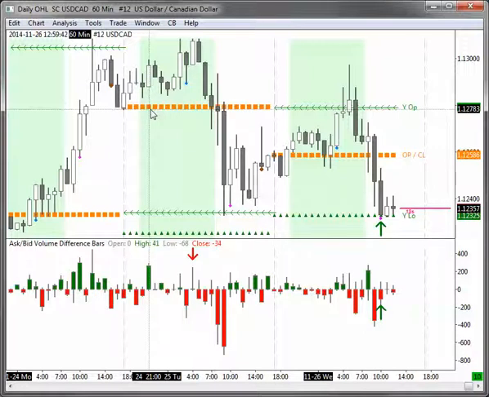I want to see what the ask bid volume difference bar is showing at that trend line break. Is this one of those trend line breaks where it just has a look up, goes on the other side, or maybe the trend line in itself is not reliable? In those scenarios, that's where I want to use this tool.